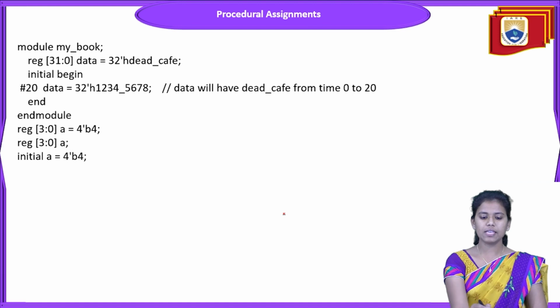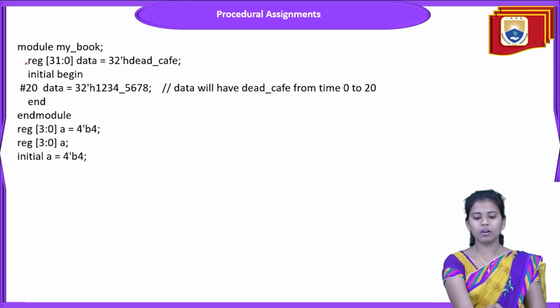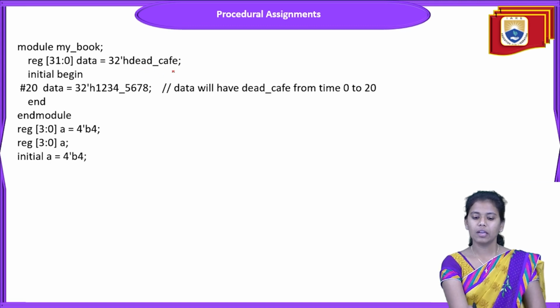And here is one more example, module my book. In my book I have data of 31:0, 32 bits of data, stored in a net declaration, and this is the 32-bit hexadecimal dead cave.